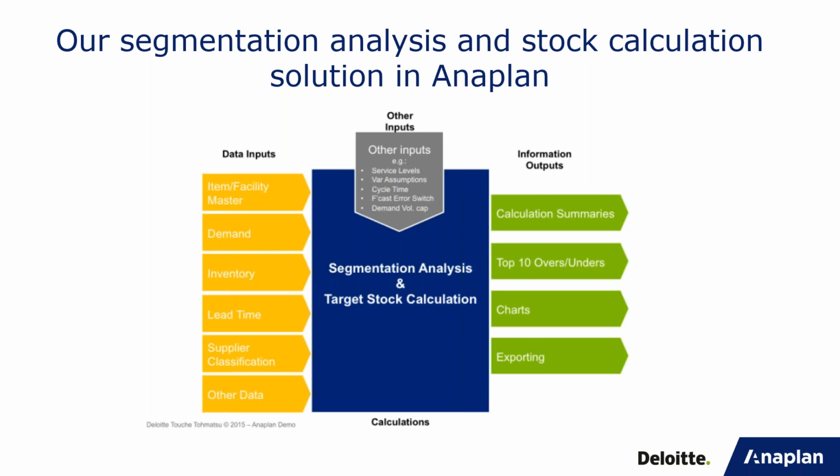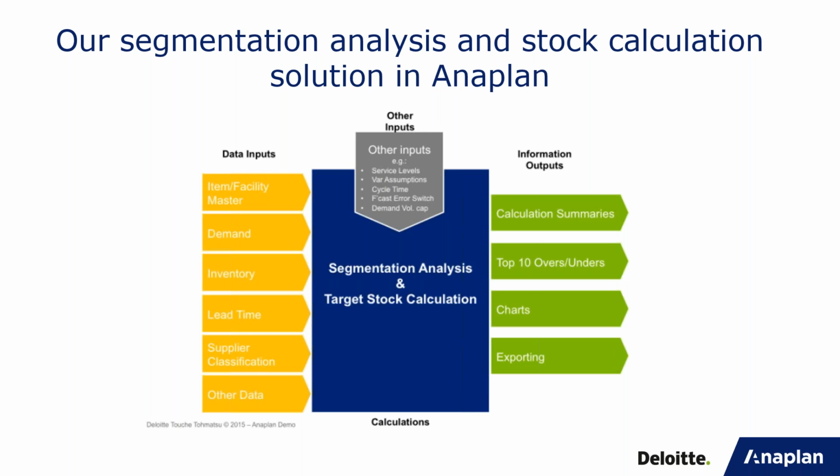And then a few other assumptions, like what's the cycle time of my products, and what are the service levels, so what percentage of orders do I want to be able to complete immediately for customers. All of that goes into a few modules in Anaplan, into the calculation engine, and we do the segmentation of all SKUs by location and a target stock setting.